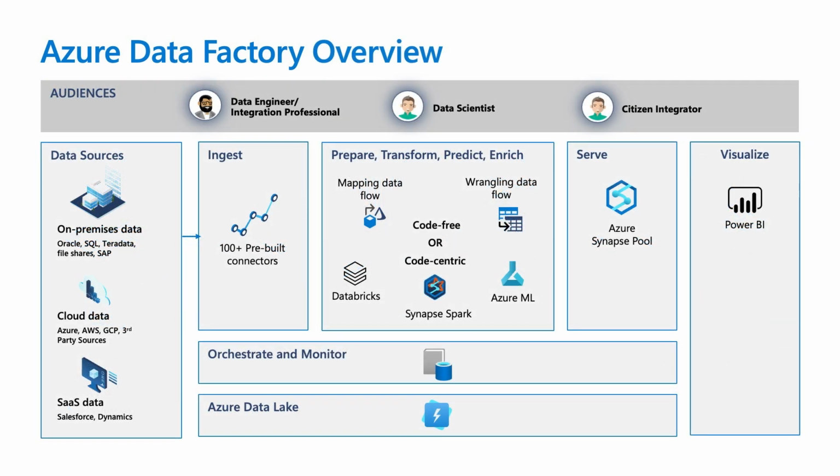Here's a quick overview of what Azure Data Factory looks like. And there's really just two points I want to emphasize here. Your data sources can be many different things. It can be on-premises data, it can be cloud data, it can be SaaS data. So AVS can work in a similar pattern to how on-premises data sources work, where if I have a SQL database running in a VM on-premises, I can use Azure Data Factory to extract that data.